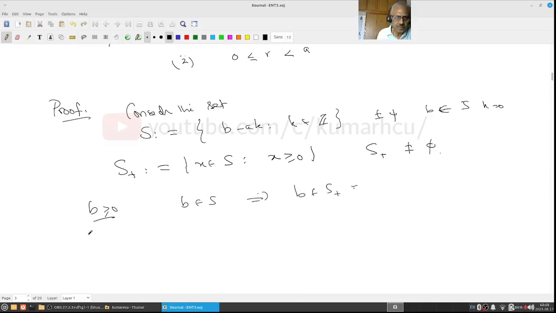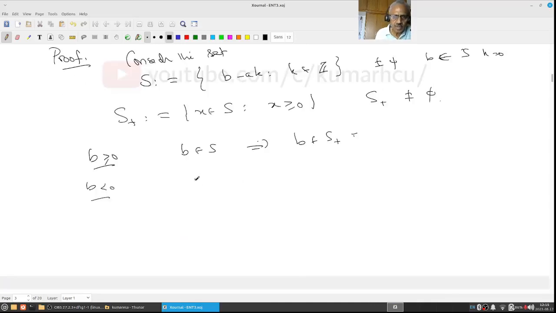Suppose b is negative, then what we did was, let us look at mod b. Then what is the relation between b and mod b? b is less than or equal to mod b, because mod b is the maximum of b and minus b. Either b is positive or b is negative, accordingly this is equal. Now a is a natural number, therefore a is greater than or equal to 1, therefore you multiply this inequality by mod b, therefore mod b times a is greater than or equal to mod b.